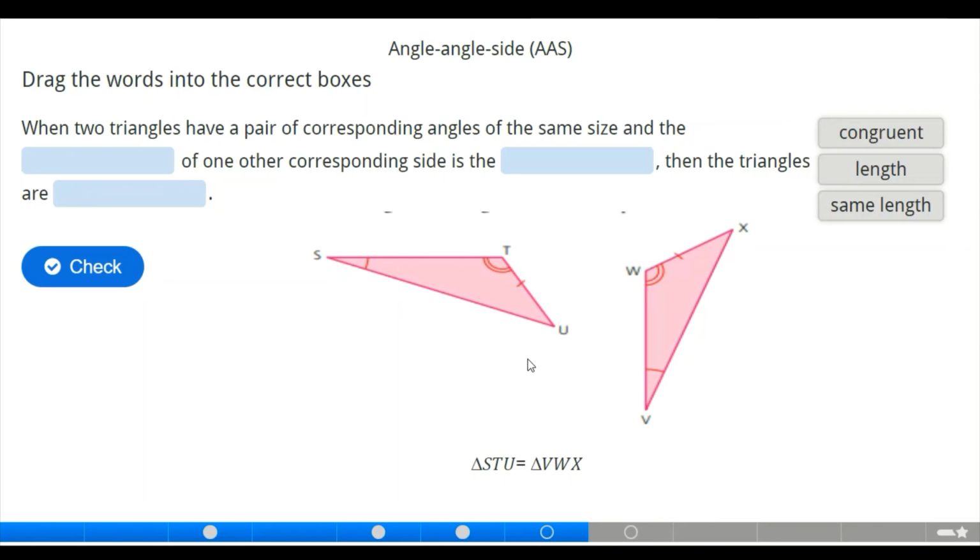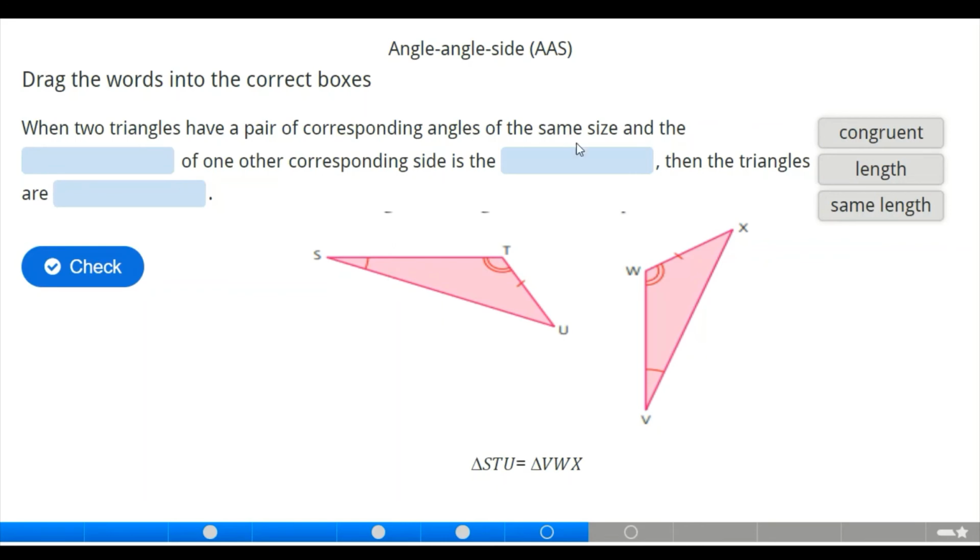So if you have two triangles with the same angle sizes, the length of one of the corresponding sides must also be the same. That implies that type of triangle is congruent in nature. We call that condition the angle side angle condition.